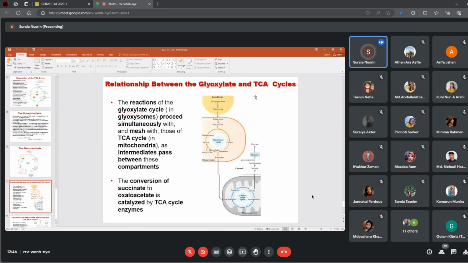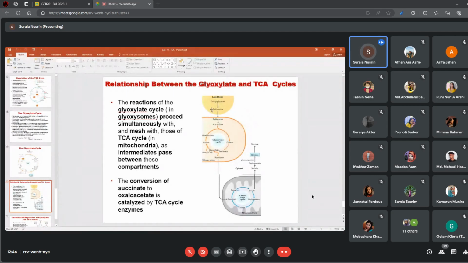In this figure you will see how the glyoxylate cycle is happening. The cell stores lipid as triacylglycerol, because fatty acids are the source, or acetyl CoA is the source, of glucose.